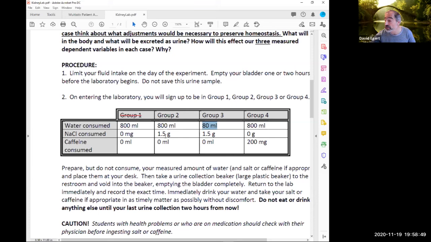Same thing with salt. If I'm not eating any salt versus if I am eating salt, how am I going to expect that to change my urine output? If you eat a lot of salt, you're going to pee out a lot of salt.